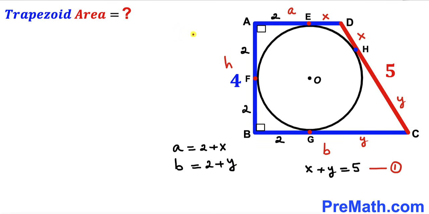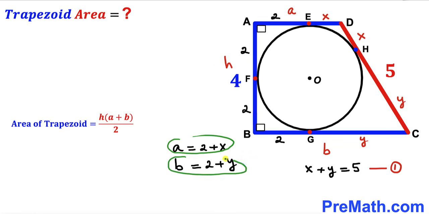Now we are going to calculate the area of this given trapezoid ABCD. Let's recall the area of a trapezoid formula once again. Area equals height h times the sum of the bases a and b, all over 2. In our case, our height h is 4 units, our base a equals 2 plus x, and our base b is 2 plus y.